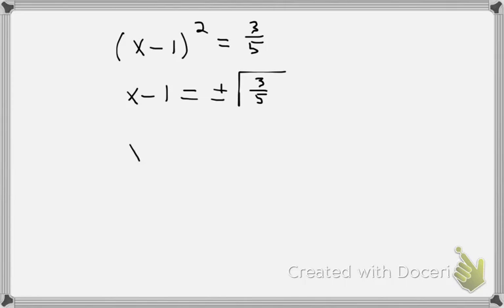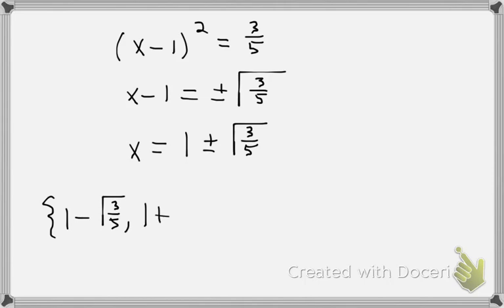Add 1. It's not like terms, or like radicals, I should say. So when I add 1, x equals 1 plus or minus the square root of 3/5. Two solutions, 1 minus square root of 3/5, 1 plus square root of 3/5.